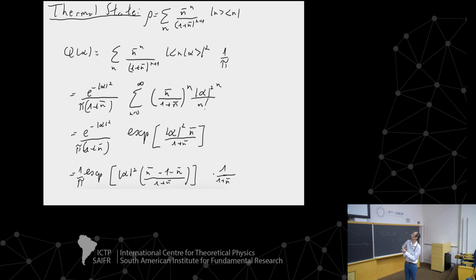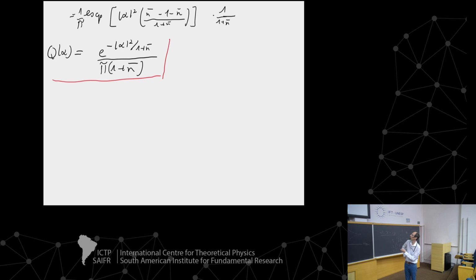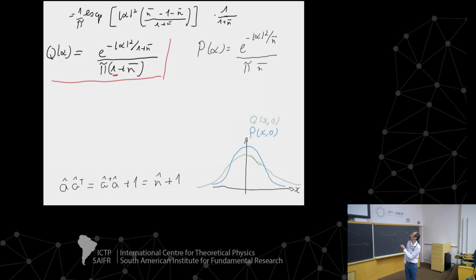Thermal state, if you go through the calculations, what you get at the end is once again a Gaussian distribution, but now centered at the origin, with a width that, while for P, the width was given by the average number of photons.